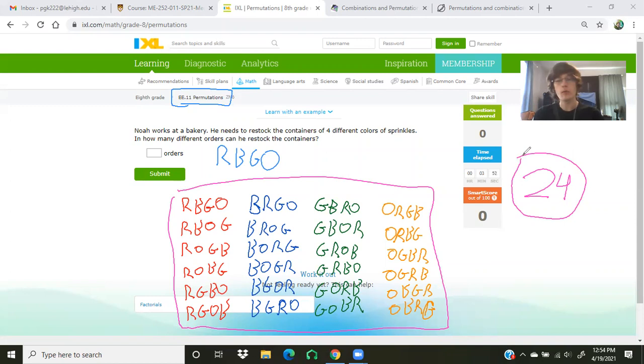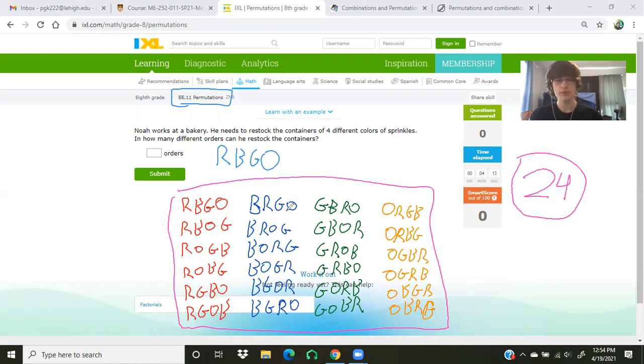total possible combinations. Now, what we have made here is a permutation table. It's a table listing every single possible permutation that we have. So what then is a permutation?